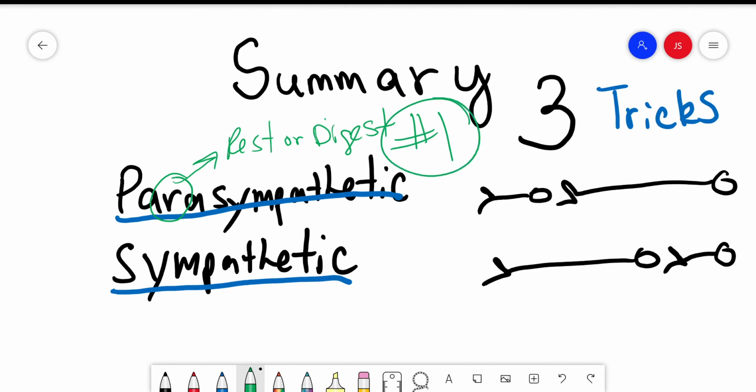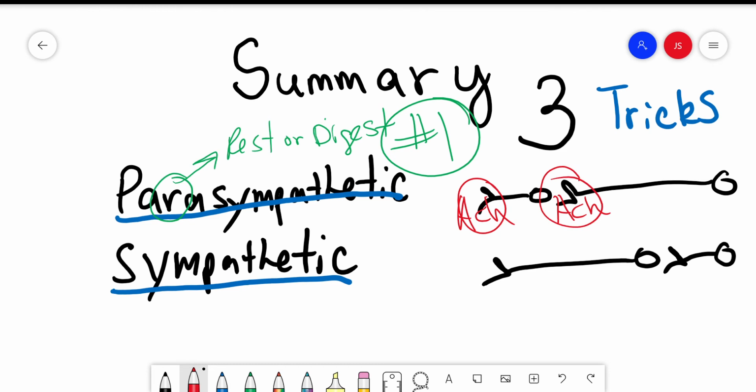Number two, how do we know which neurotransmitters are released by the parasympathetic nervous system and which neurotransmitters are released by the sympathetic nervous system? Well, in the parasympathetic nervous system, we know that acetylcholine, ACH, is released here by the preganglionic fiber, and acetylcholine is released here by the postganglionic fiber. How do we remember that?